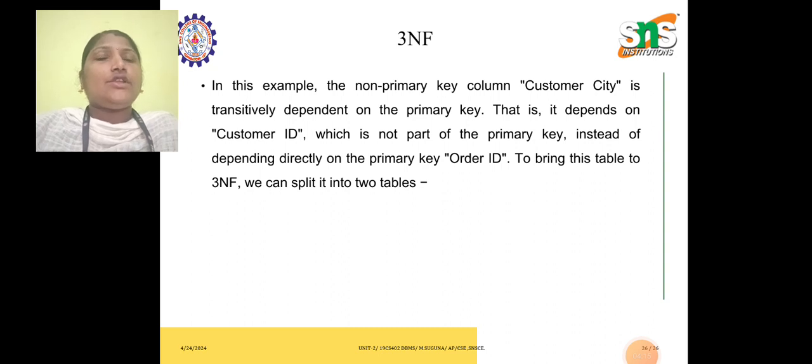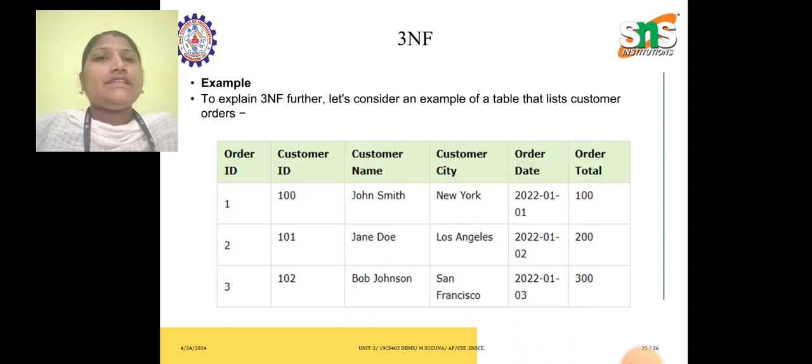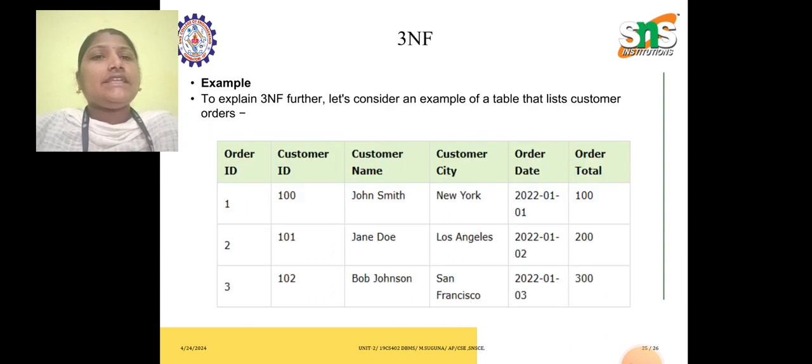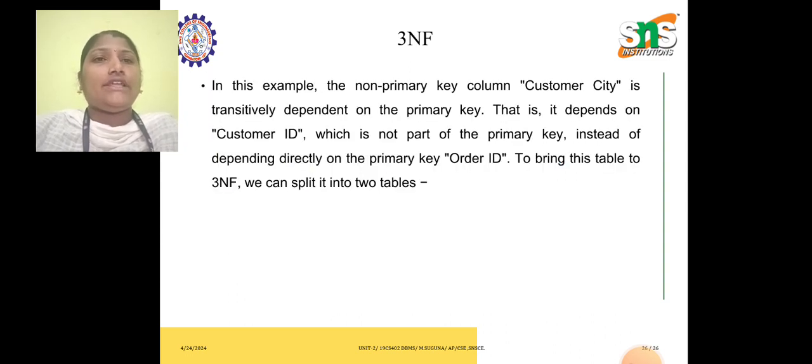The non-primary key column customer city is transitively dependent on the primary key, which is order ID. It mainly depends on customer ID, but in this table the customer ID is not a primary key. Instead it is indirectly dependent on order ID.